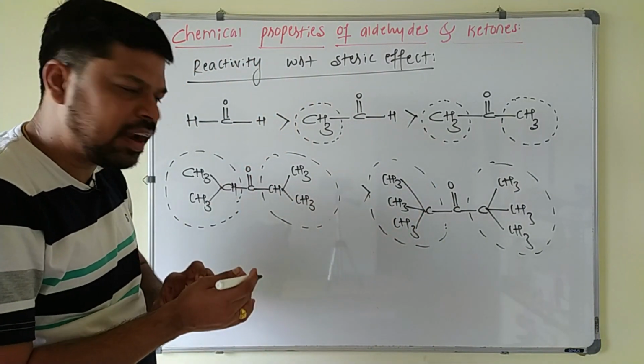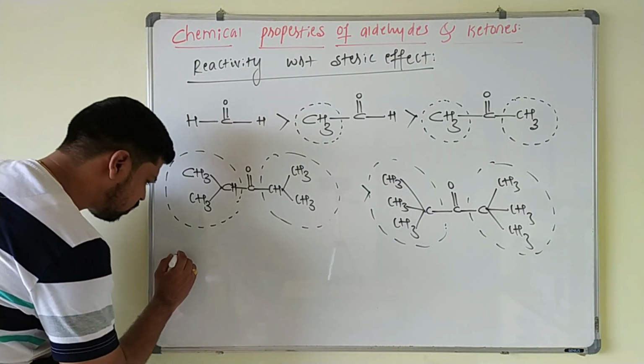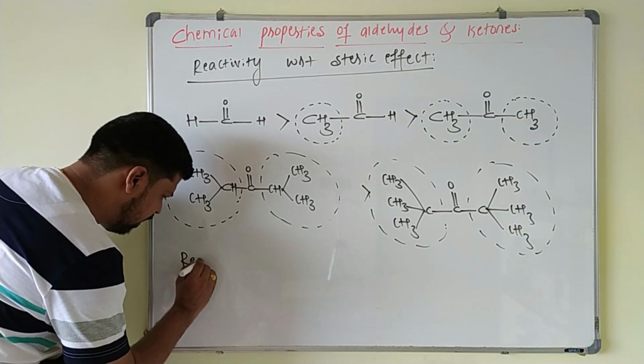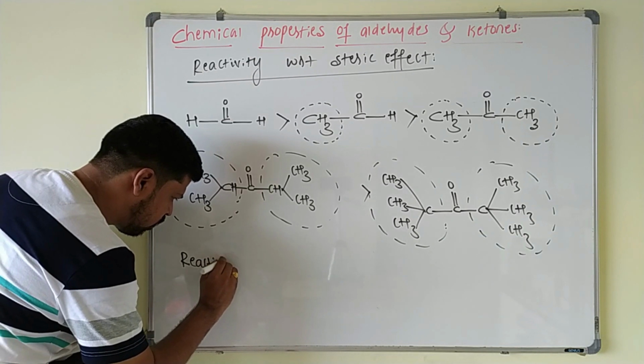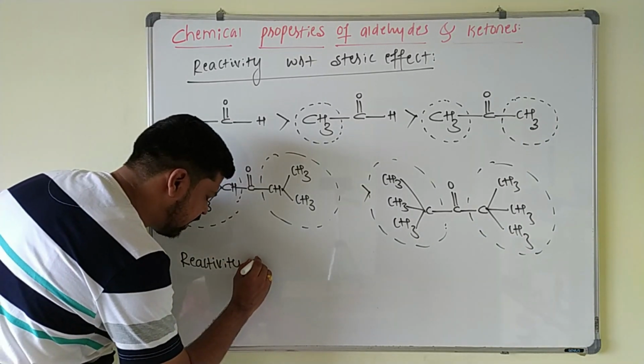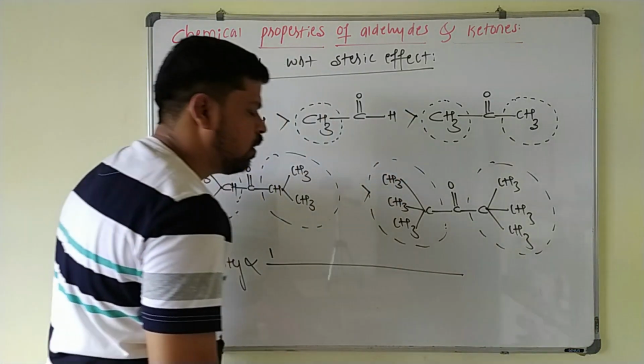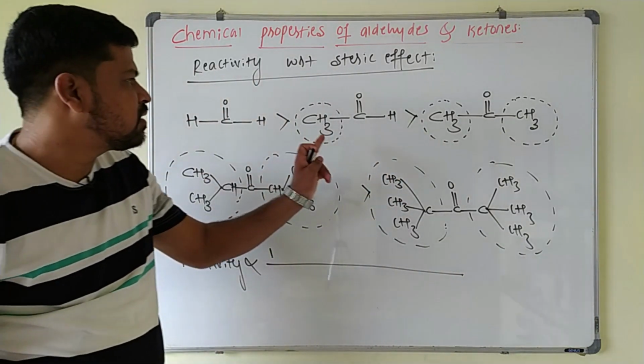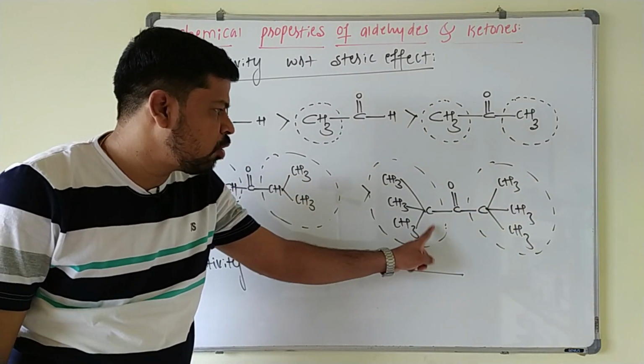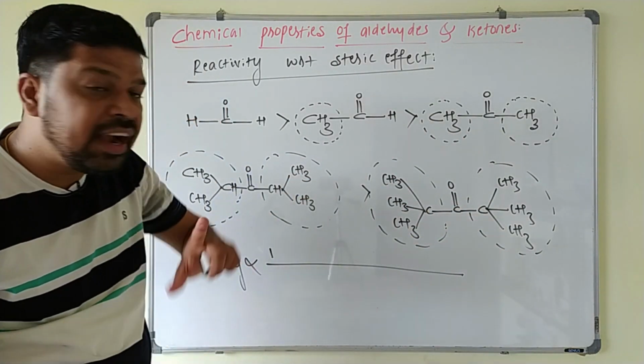So from this you can write one sentence, that is, reactivity of these aldehydes and ketones is inversely proportional to the size of the alkyl group. Size of the alkyl group increases, reactivity decreases, and the number of alkyl groups.